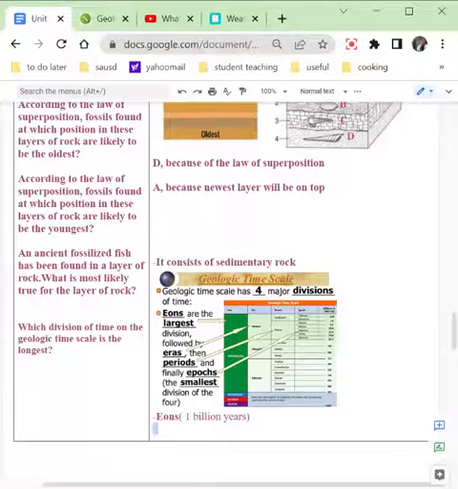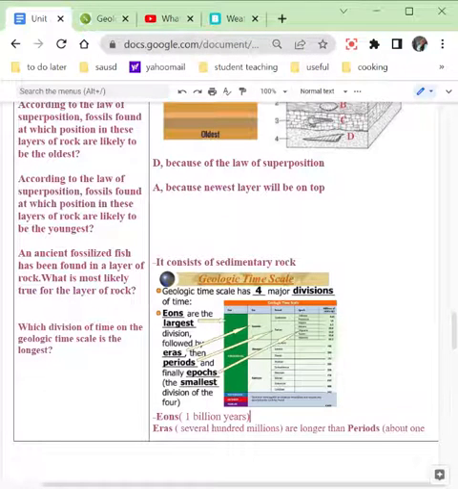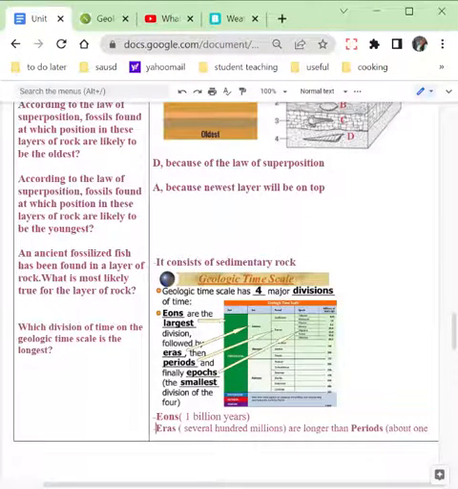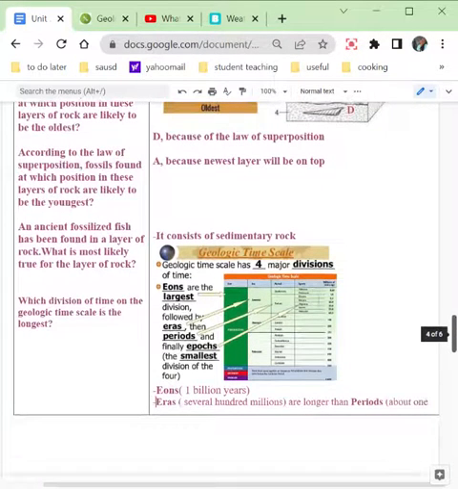Let's see if we can bring up the other ones. And then we have eras, which are longer than periods. I know there's a lot of names that you need to know, but mainly eons, which is the longest one, and then eras and periods. And you just need to know that eras are longer than periods because eras are like 700 million, and periods are just 1 million or 100 million still, but just one of them.